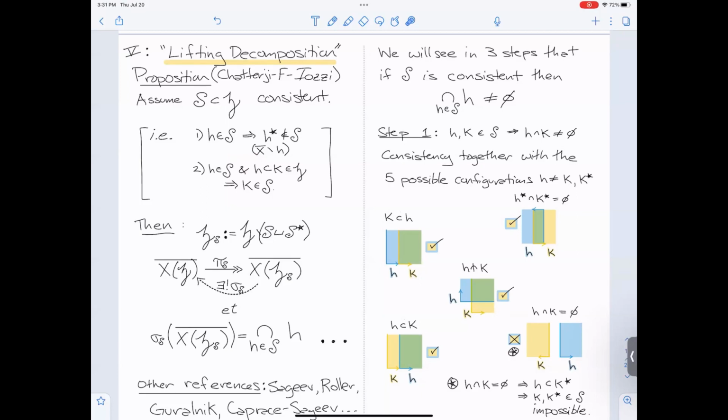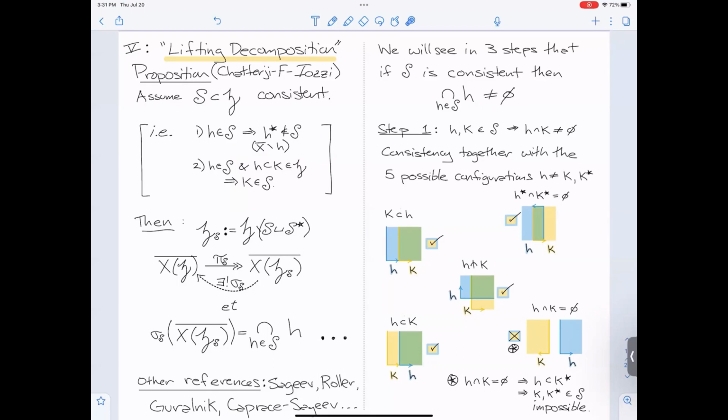In this situation, I can look at the projection from the original CAT(0) cube complex to the associated CAT(0) cube complex, where I throw away the consistent set and its opposites. And I will have a section, and furthermore, the image of that section will be the intersection of all of the half spaces that were in my original consistent set.